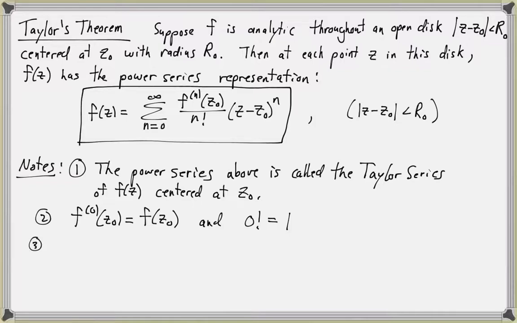Third note, it's often useful to have the Taylor series centered at 0 because the formula becomes a lot nicer, and this is called a Maclaurin series. So when the series is centered at z0 equals 0, the series is called the Maclaurin series.